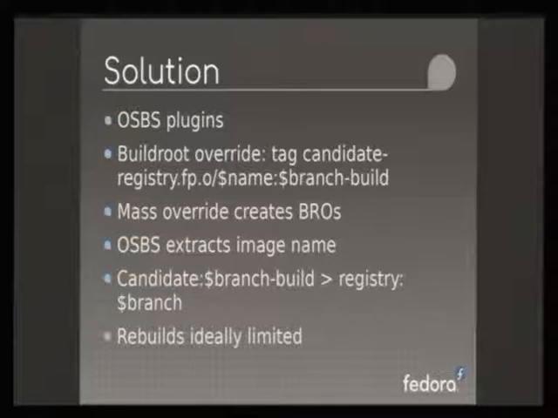If there is, we'll pull that down and we override the from line to use that. That way, you can be sure that that one is going to be used. So if you build a Fedora base layer now, and you mark this build root override, it would take about 2 minutes before you can build the next layer instead of having to push it all the way through.